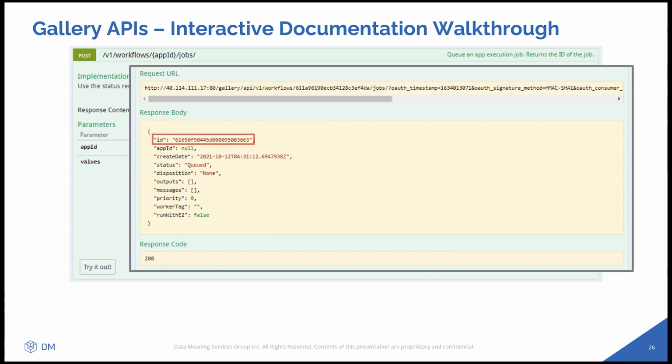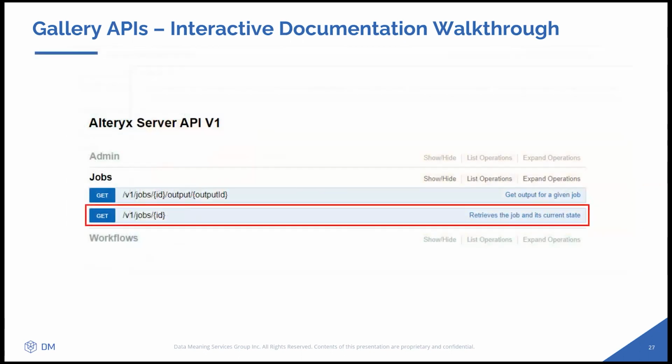One thing that is really important here is the ID, right? So that's the ID of the job that you just queued. What can you do now having that ID? You can run another API call to retrieve the state of that job. So you can see if that job is queued, it's running, or it's finished.